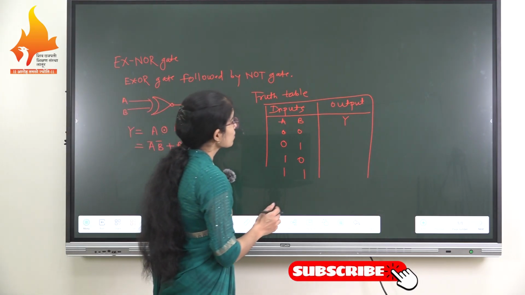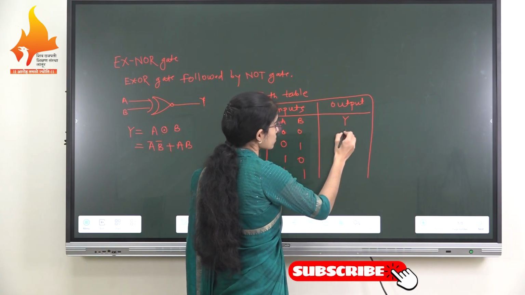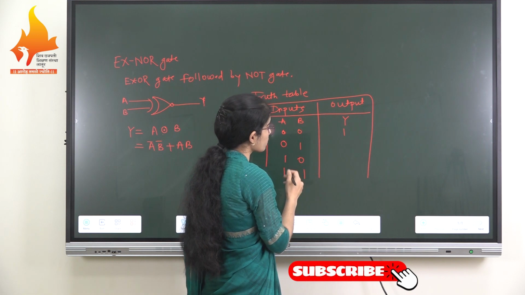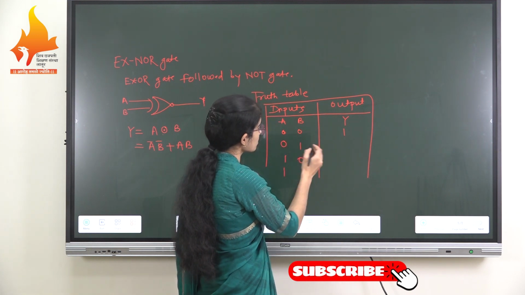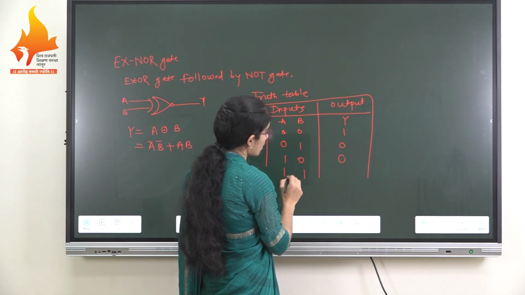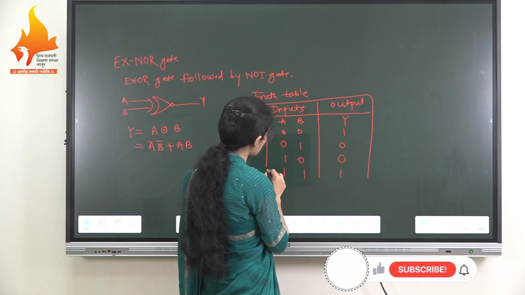Hence it produces high output for even combinations of inputs. That means if both inputs are the same, it produces output 1. For 00 it produces 1, for 01 it produces 0, for 10 it produces 0 and for 11 it also produces 1.